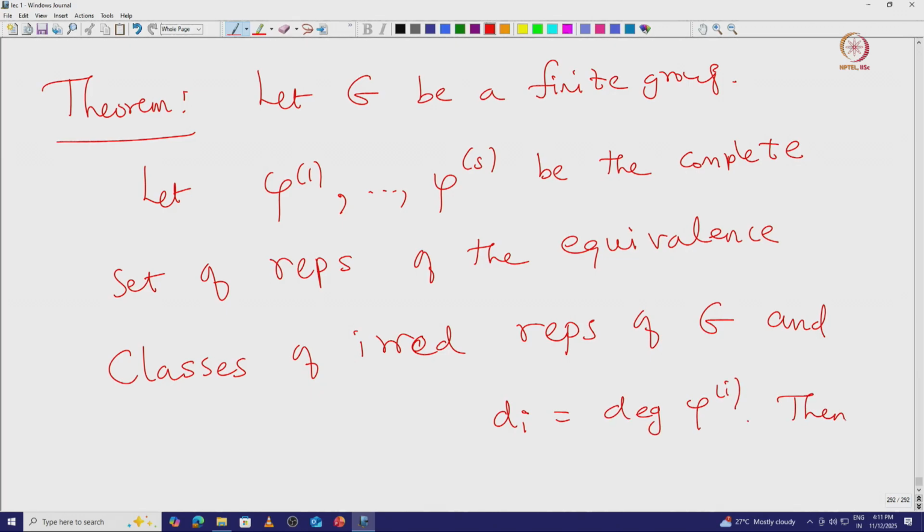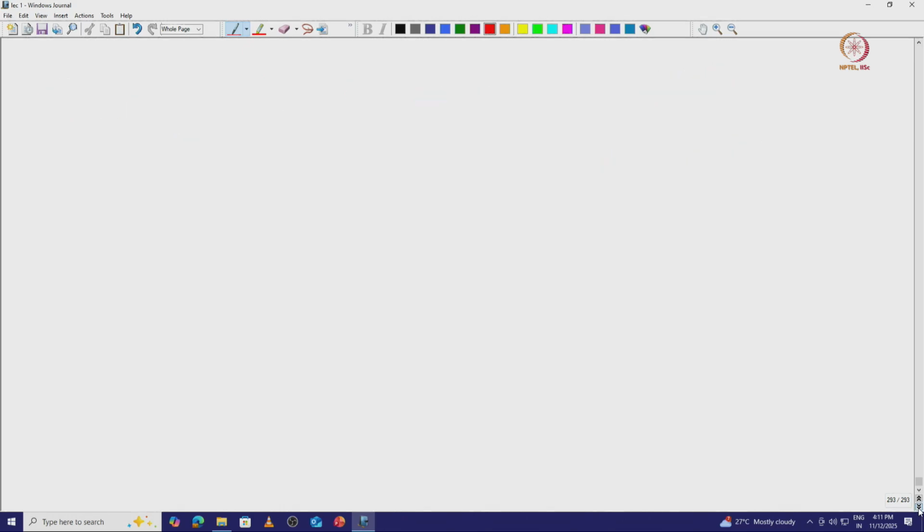Then one can prove that if we take the square root of d_k times φ_ijk, these are all the matrix coefficients of all these irreducible representations.